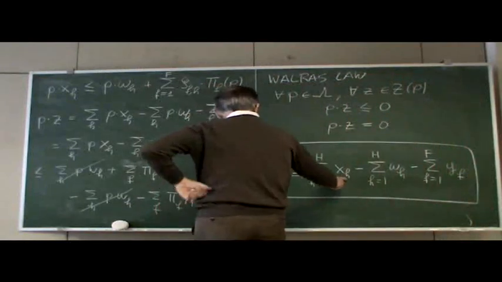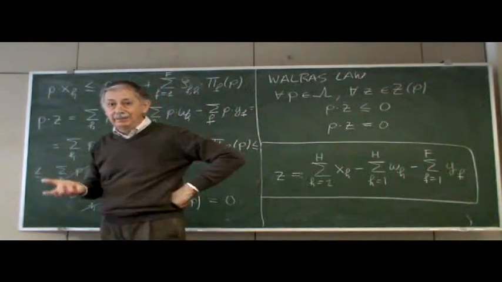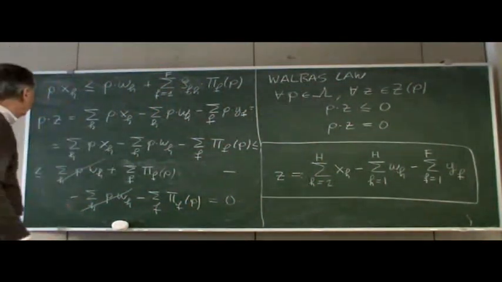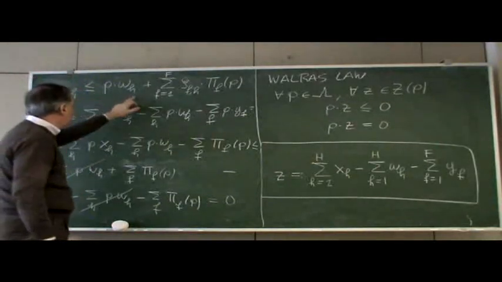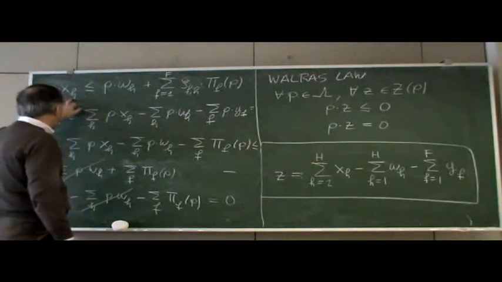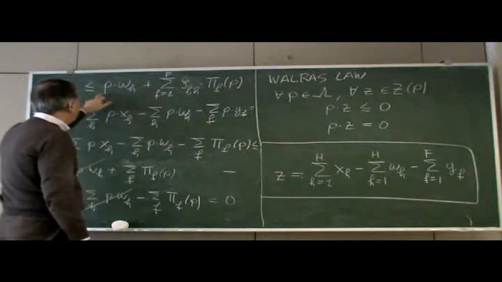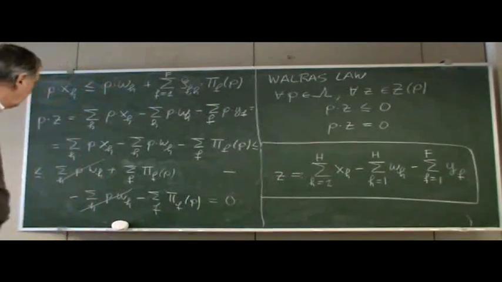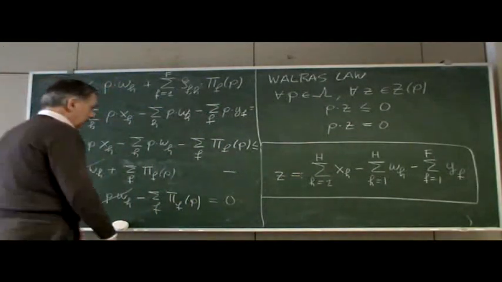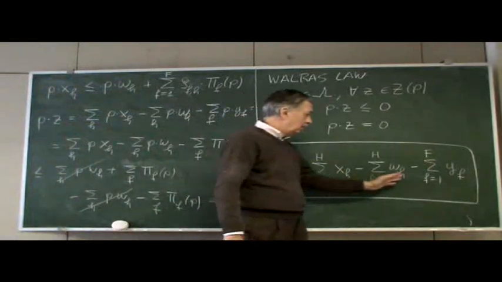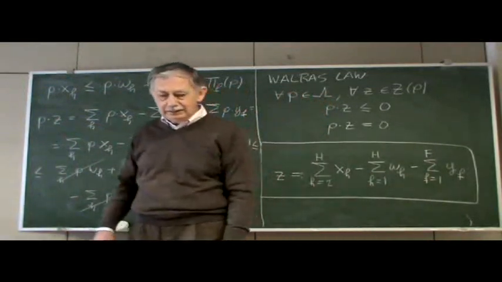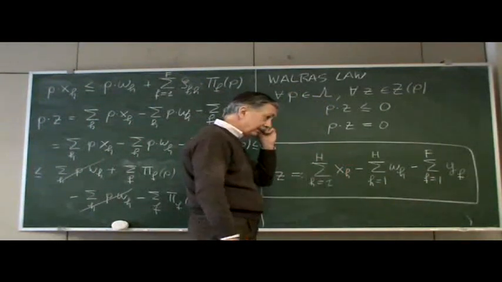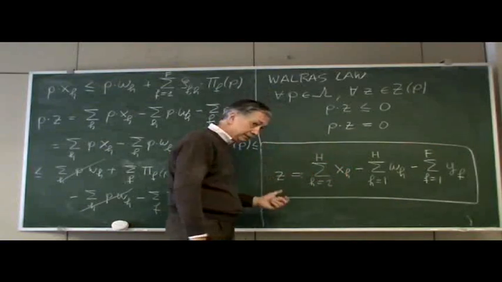Well, each of these XH, which are demanded bundles, clearly must be also purchasable bundles. And so for every H, this inequality is verified. The total value of XH must be no greater than the initial wealth of the H consumer. Now, consider the definition of excess of demand Z. Multiply both sides of this vector equality by P, the price system.